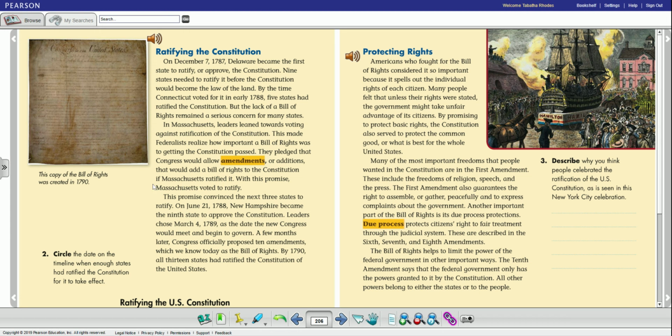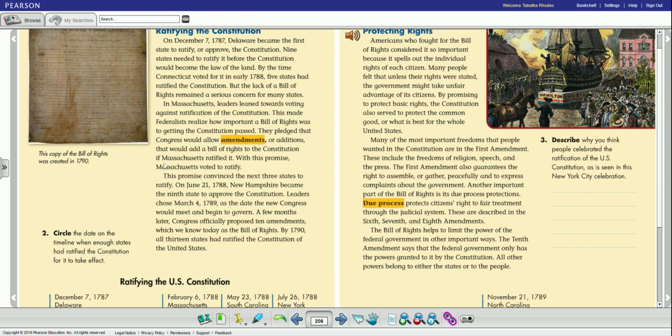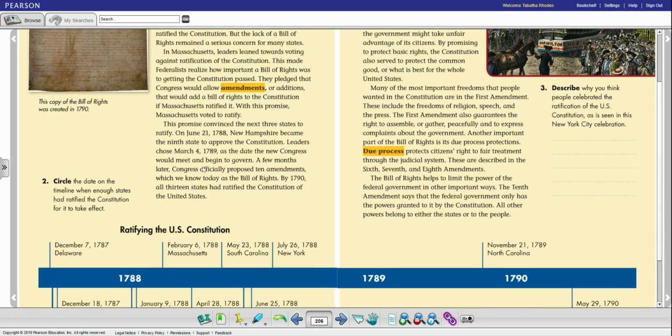Okay, moving on, you're going to read about how the states had to ratify the Constitution in order for it to become our working government, and the struggles that they went through to get the states to decide, yes, we're going to support this government.